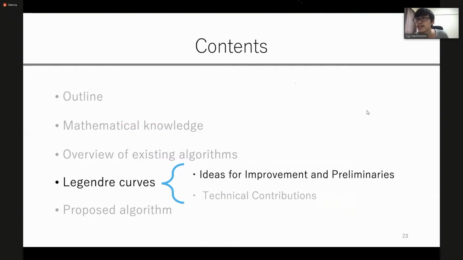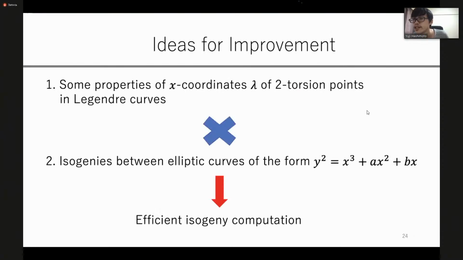We explain ideas for improvements and preliminaries. The key idea behind the efficiency of the algorithm is to use some properties of the x-coordinates lambda of two-torsion points in Legendre curves and isogenies between elliptic curves of this form.